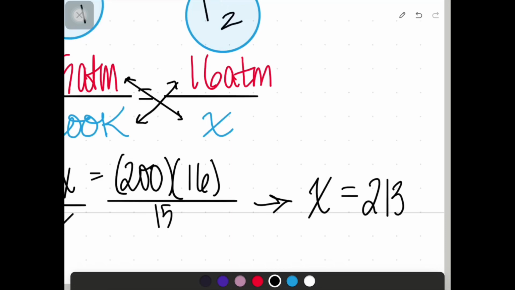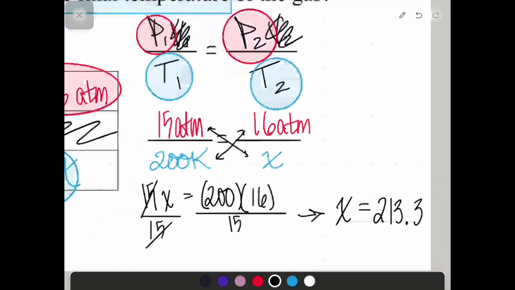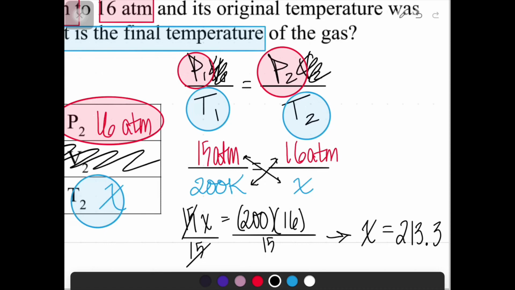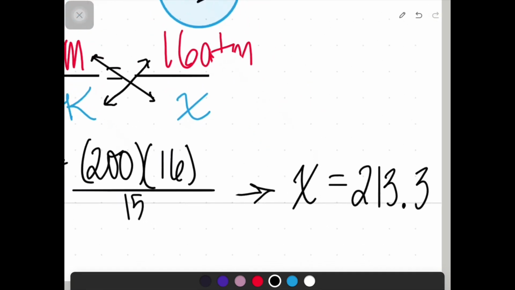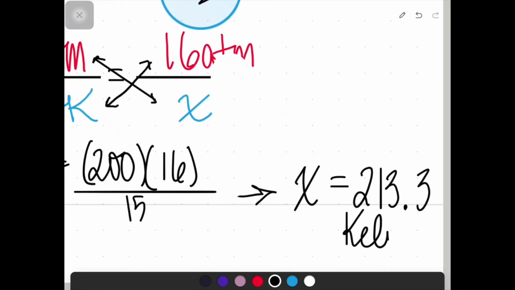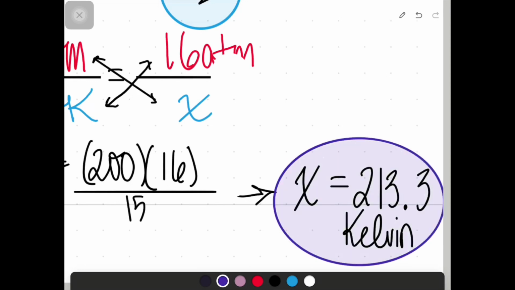It's going to give you 213.33333333. Let's just leave it at 3. 213.3. 213.3 what? Well, we are solving for, it's asking us for temperature, right? So, Celsius, right? No. Always put Kelvin. 213 degrees Kelvin. Okay, and that is our answer for this one.